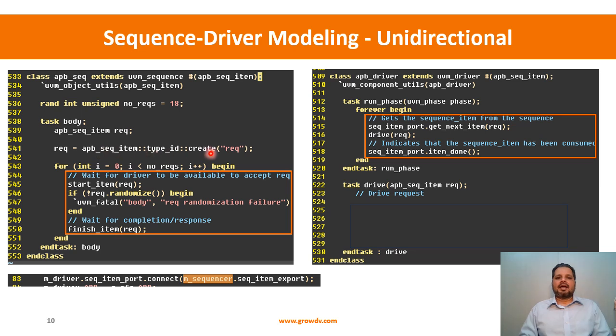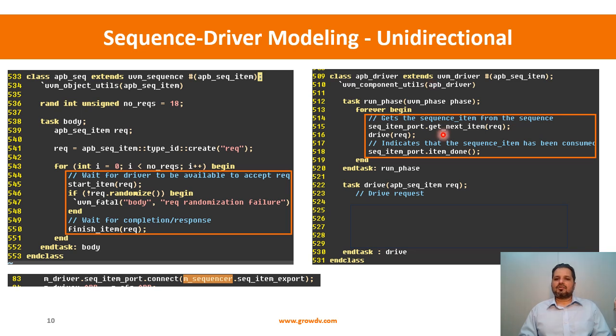So we are creating the APB sequence item, and then entering the loop, and what we are doing is calling start item and passing the request handle. Now this will go to the sequencer and be blocked, waiting for the driver to be available to accept the request.